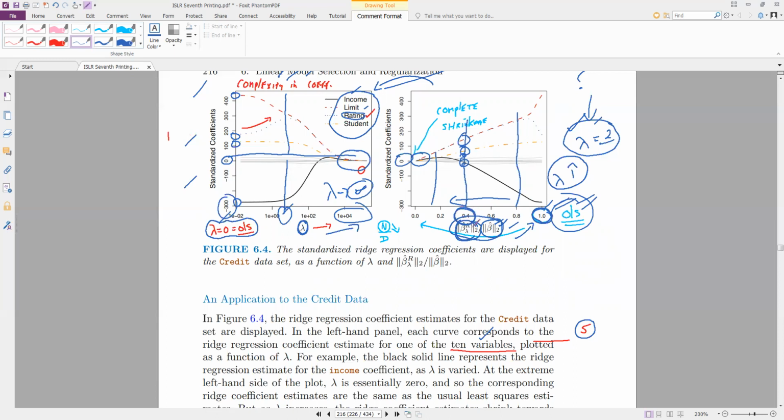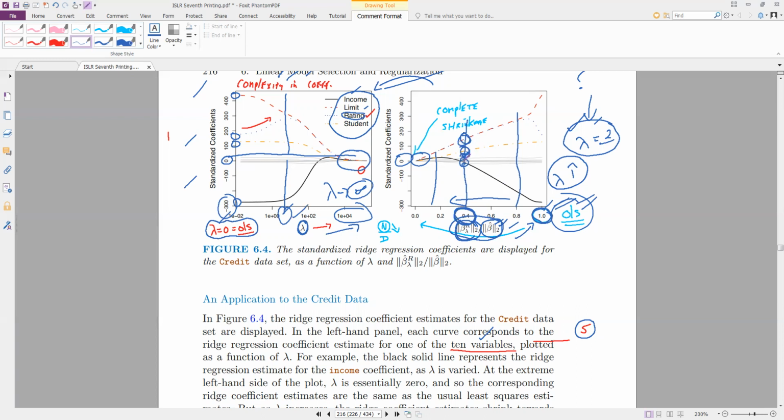The value, it's not the value of lambda, that's the ratio. But for a given value of lambda, this is what the ratio is. So if I chose a value of lambda, we're just going to choose this ratio point here of the ridge relative to the least squares. If you look here, you can see that some of the coefficients are above 0, but this one here, which one's that?